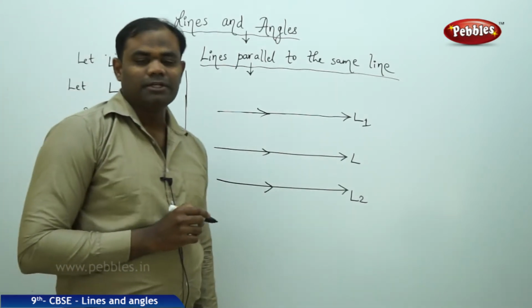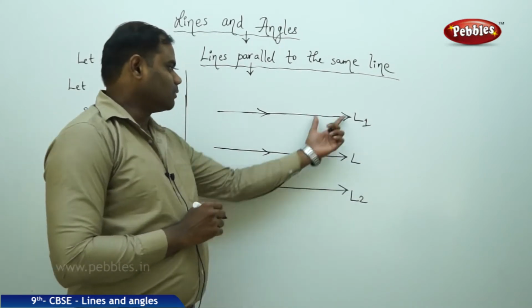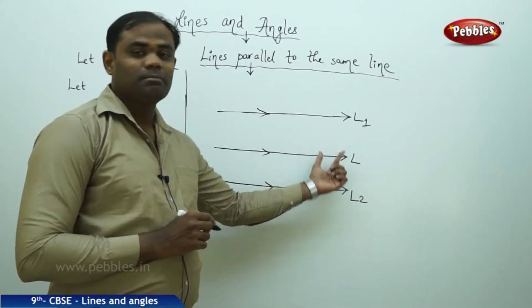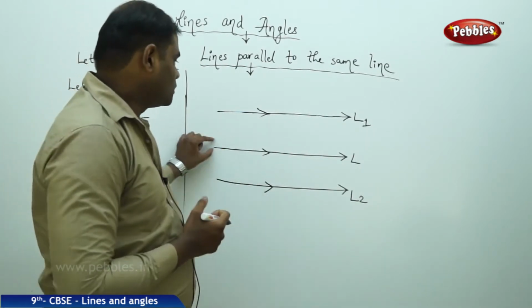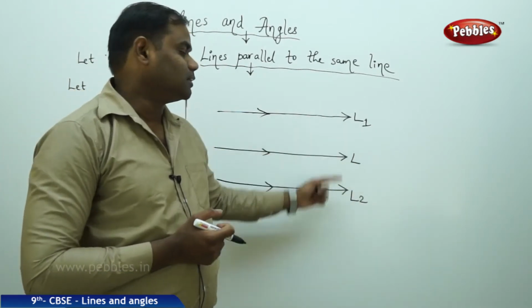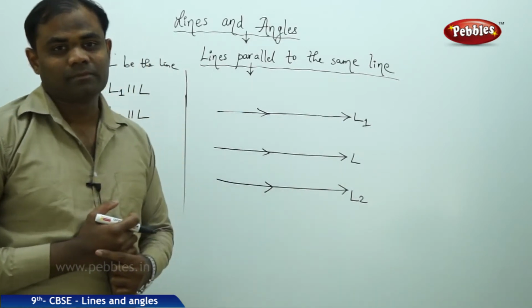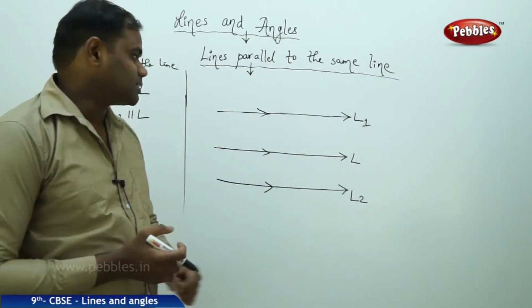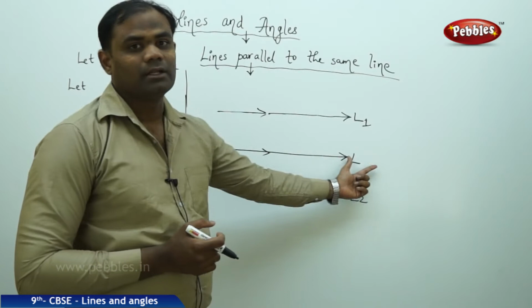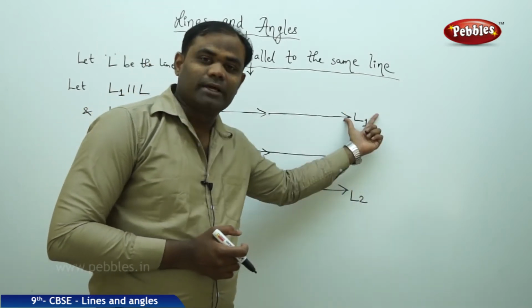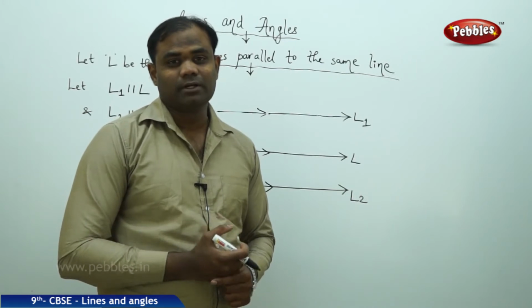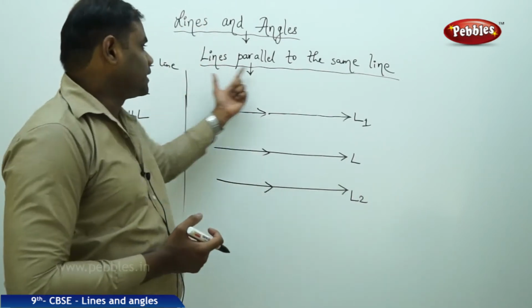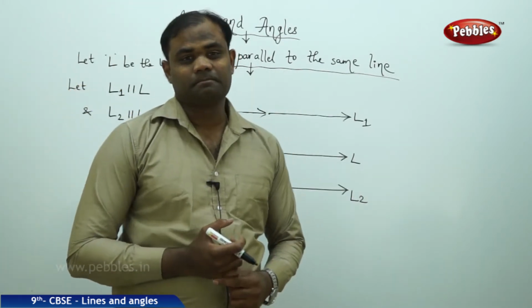Now the relation between the lines, L1 being parallel to L and L2 being parallel to L, gives us the mathematical property with the common line L that the other two lines must be parallel. If there are two lines such that they are parallel to the common line L, then obviously the two lines also must be parallel to each other, is how we understand the property connected with lines parallel to the same line.